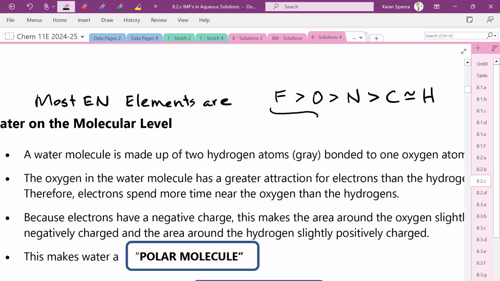The most electronegative are these three, the FON, and then the CH just kind of goes at the end because it lets us know that they are less electronegative.